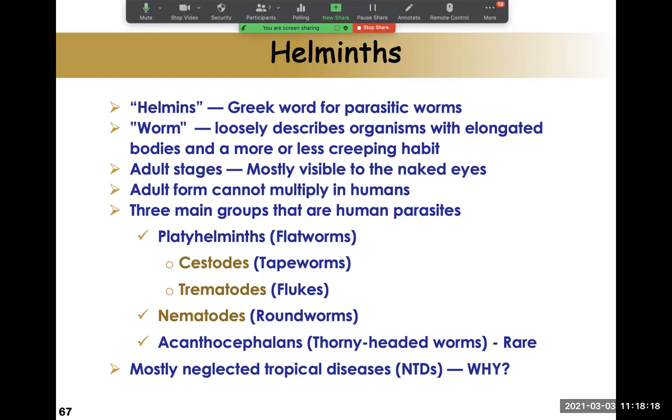Up in north and south of the equator between Capricorn and Cancer. And it doesn't affect the people in Caucasians or Europe or the US, where most of the money is spent on research and developing drugs against these microbes. And so hence it's very much a neglected area of research.